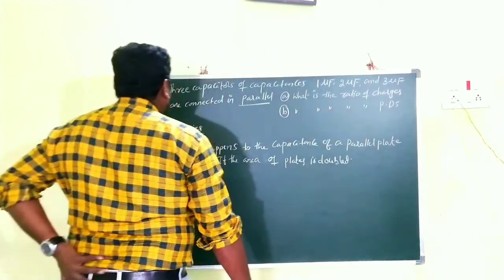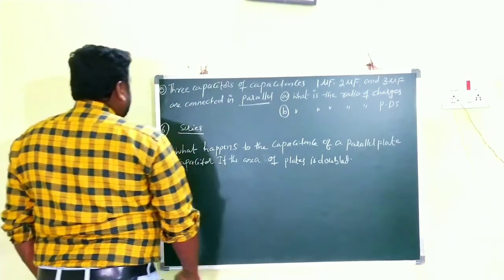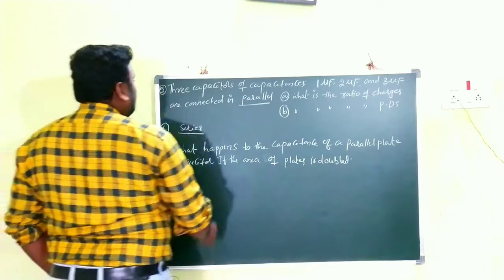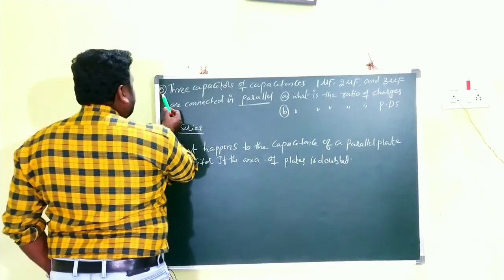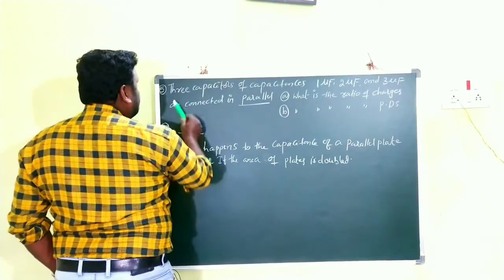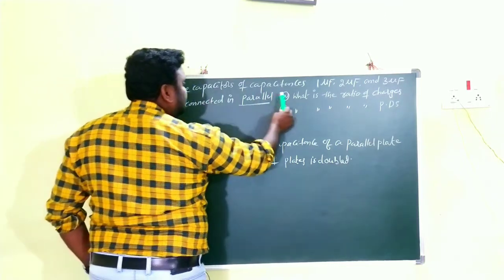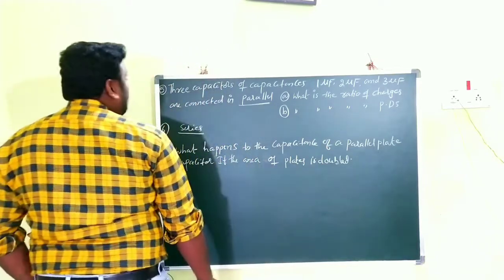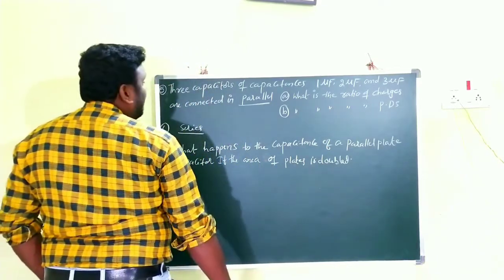Children, on board we have some questions. This is the fifth very short answer question in our textbook: three capacitors of capacitances 1 microfarad, 2 microfarad and 3 microfarad are connected in parallel.